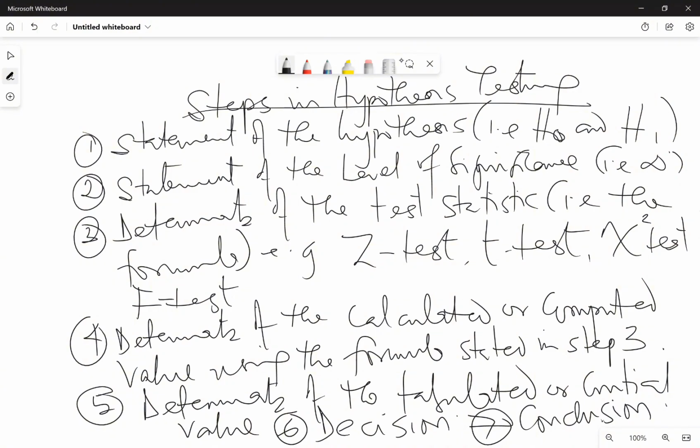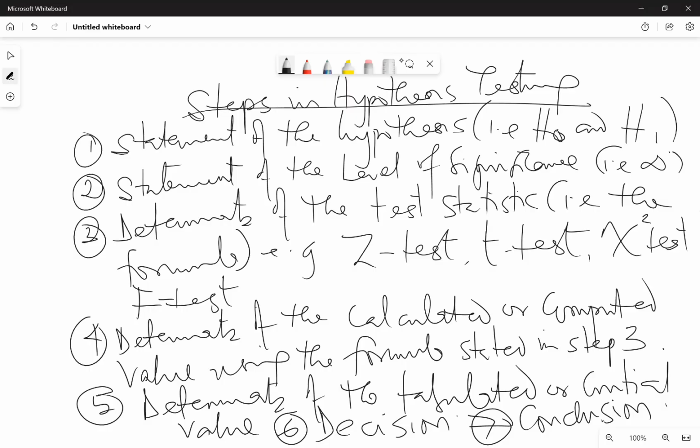Don't forget I said earlier that before you can take decision, you will need to compare the critical value and the calculated value. You have to compare them. So you see that in step 4 and 5, in step 4, we will get the calculated value. In step 5, we will get the tabulated value.